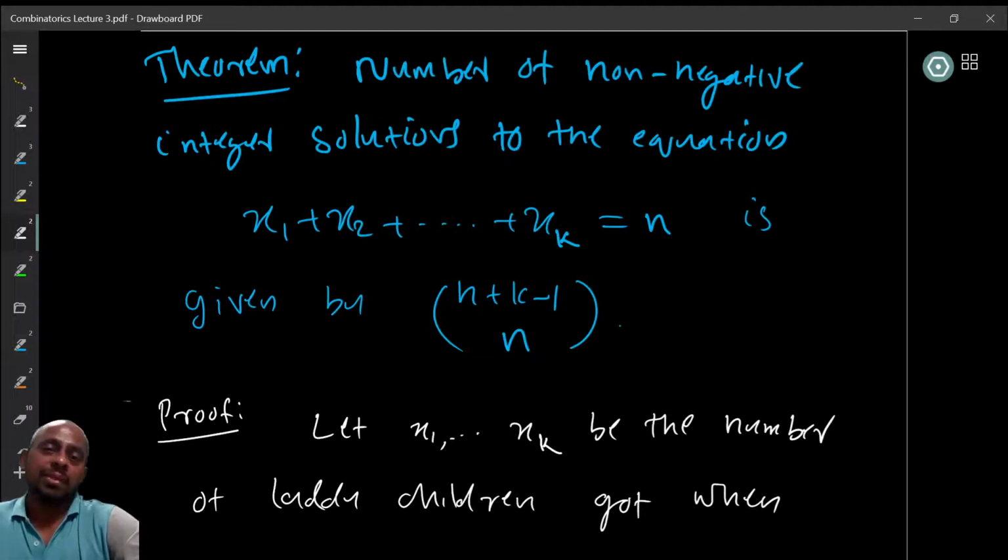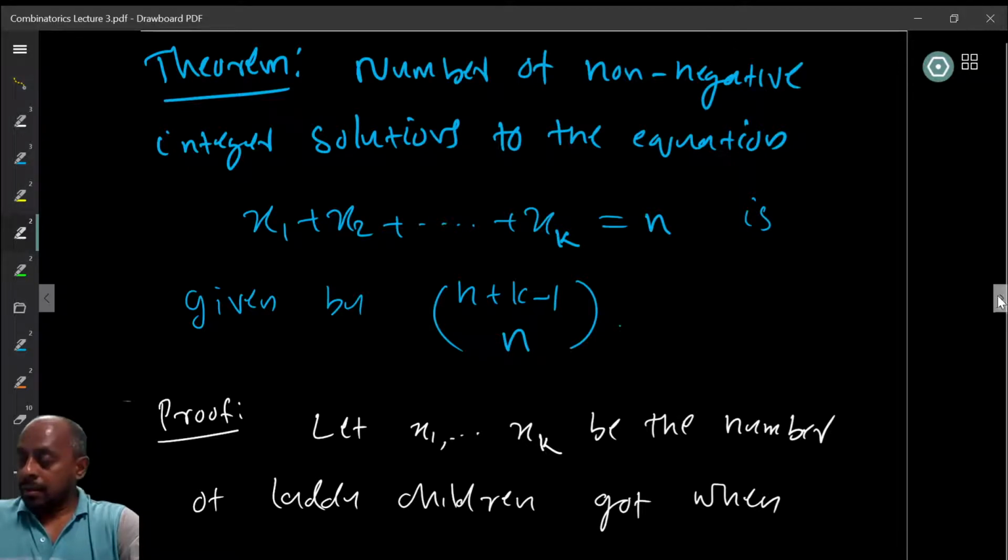This is possible, right? You will say, okay, first guy come, take something. Second guy take something. Third guy, no, you go, you don't get anything. Then fourth guy. So this way, we can make some of the x's to be 0. So when the distributor is unfair, then this can happen.